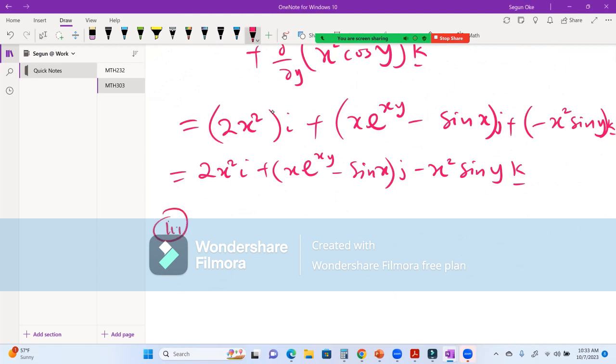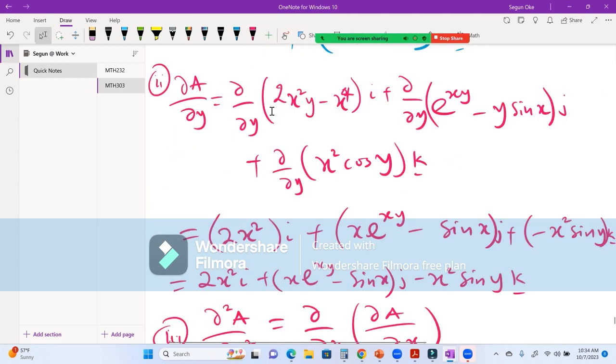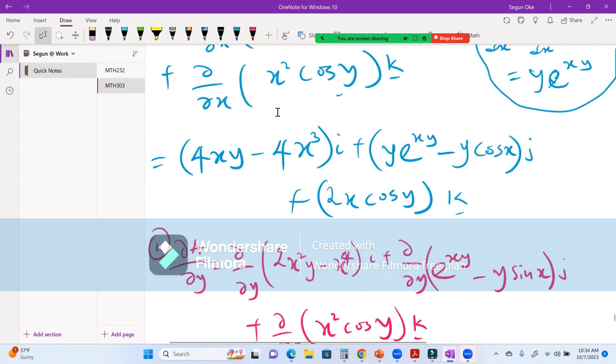Number 3 says the square, d squared A dx squared, is the same thing as d dx of the dA dx. That's the meaning. We know the dA dx. We've done it before. Bring the dA dx inside this place. So what we are going to have is d dx of the A. This is the dA dy, but in this case we are looking for the dA dx, which is this one.